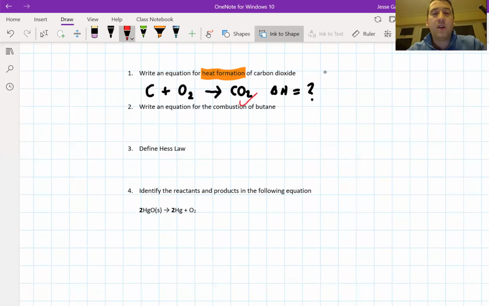Now, write an equation for the combustion of butane. Okay, so the combustion of butane. If you didn't already have this done, and I hope that you did, you have to think about what happens during combustion.